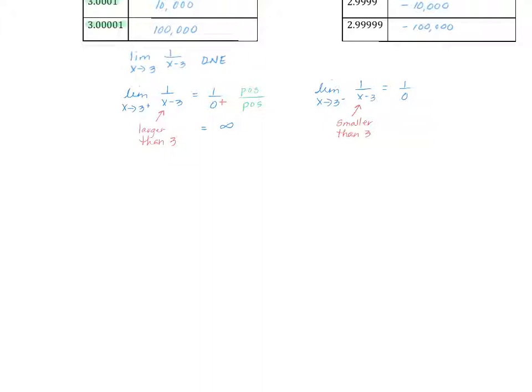So my denominator is going to be negative. I have a positive number over a negative number, and positive over negative is negative. That tells me this is going to be approaching negative infinity, which is what my table gave me: negative infinity as I came in from the left and positive infinity as I came in from the right. So that's algebraically, using logic, how we would figure out if we had a negative or a positive infinity.